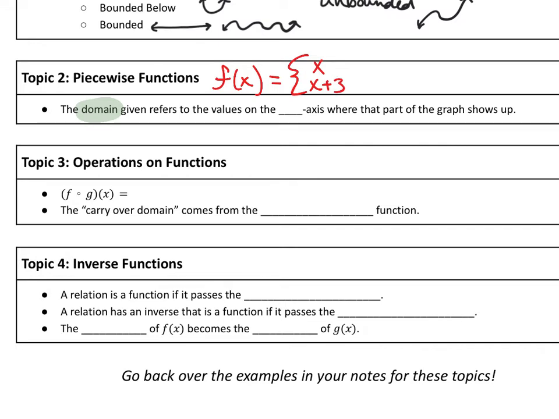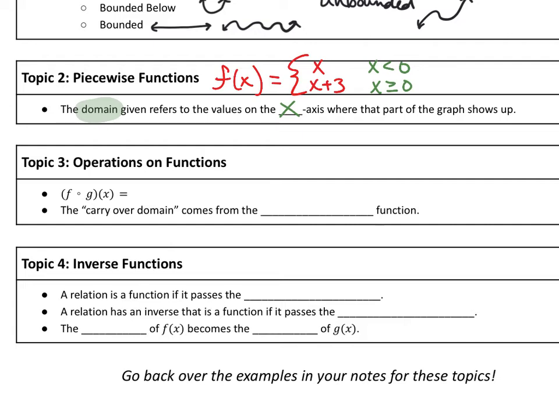It's this part right here, the given. So given x is less than 0 and given x is greater than or equal to 0. That part in green is the domain of the different parts of the piecewise function. Remember that this is referring to the x values where that part of the graph shows up, not the y values, the x values.